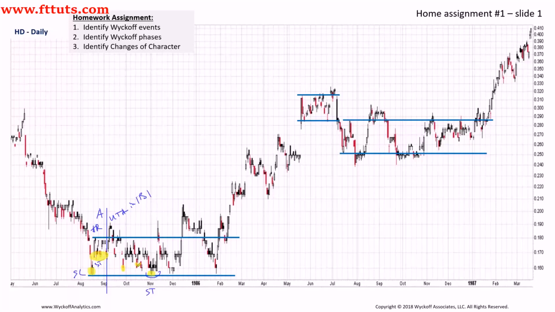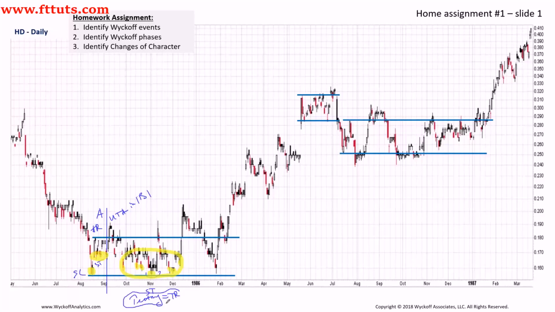But there are quite a lot of those tests around this area. There are 1, 2, 3, 4, 5 tests, maybe even 6 tests. And you could see from the texture of the price that it's all together. It's not just separate tests. It's the testing that takes some time and produces a trading range.